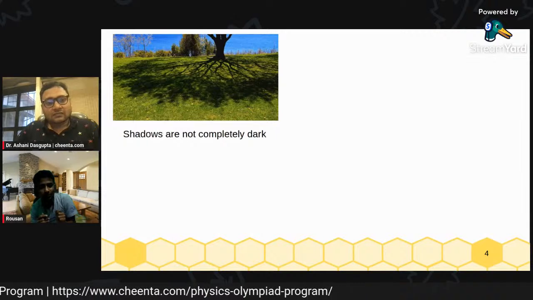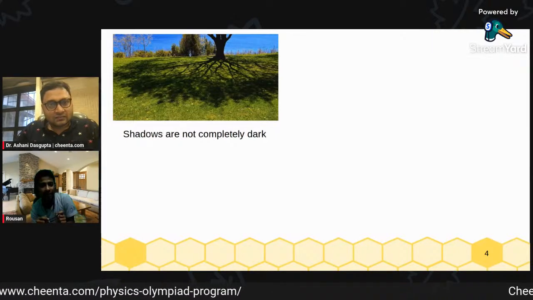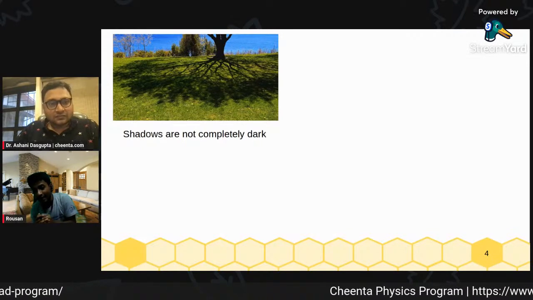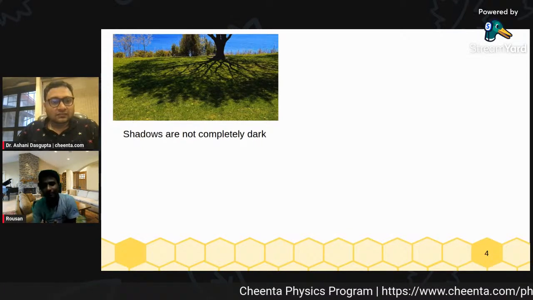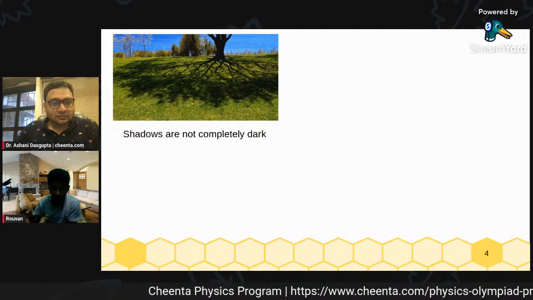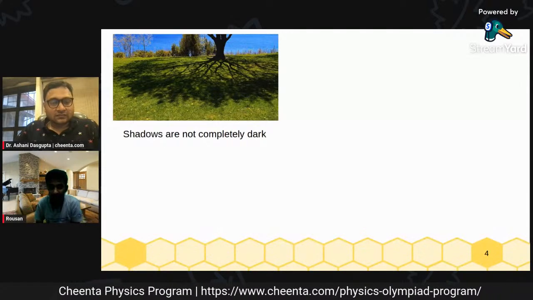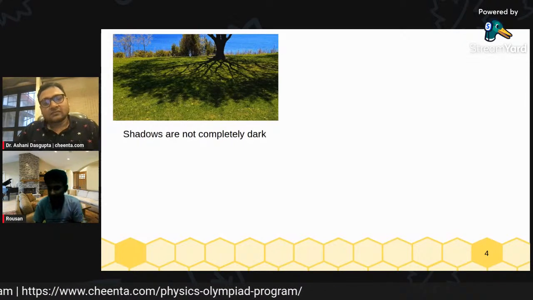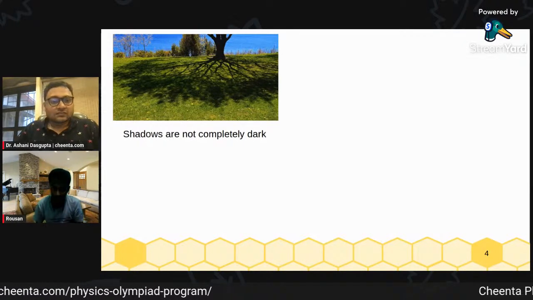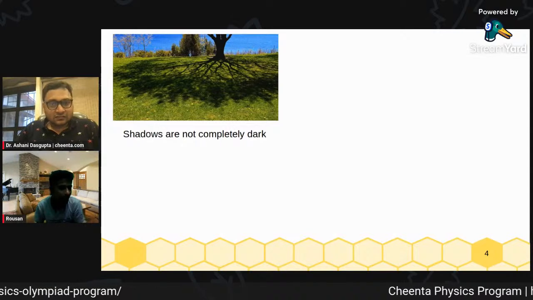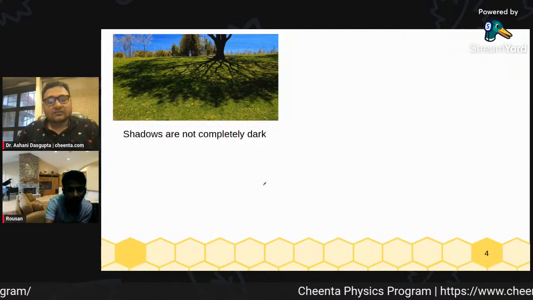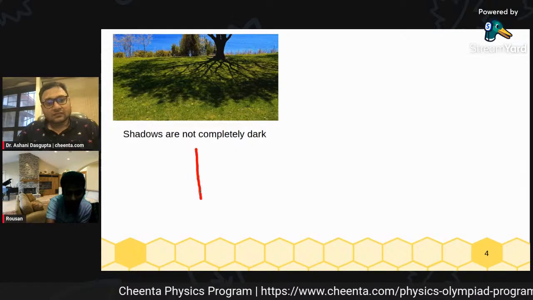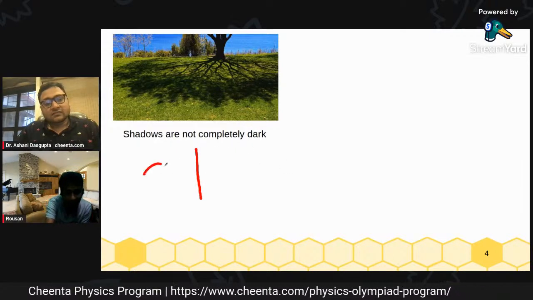This is not something which Newton's theory suggests. And what is the reason for this? The reason is something which comes much later, if you see it historically. The reason is two terms: one is scattering and the other one is diffraction. If I want to tell you a little bit about it, you can understand it like this: suppose I have some object like a book, and light is coming.